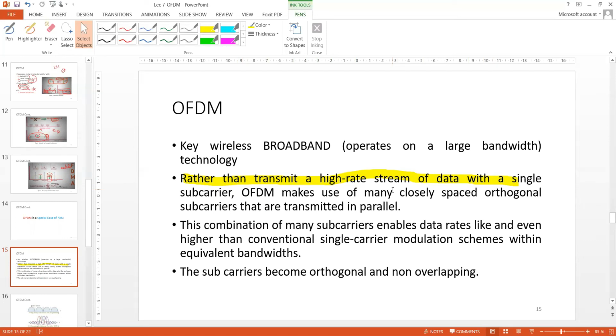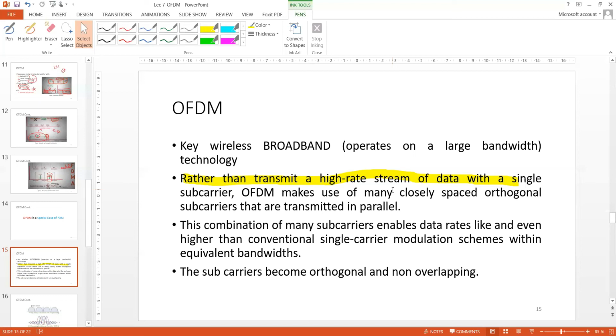That is, rather than transmitting the entire information using a single subcarrier, OFDM uses many closely spaced subcarriers that are orthogonal to one another. So orthogonality is the key.